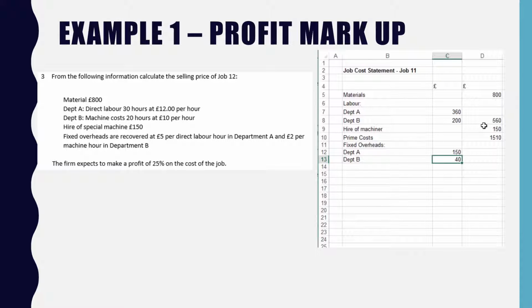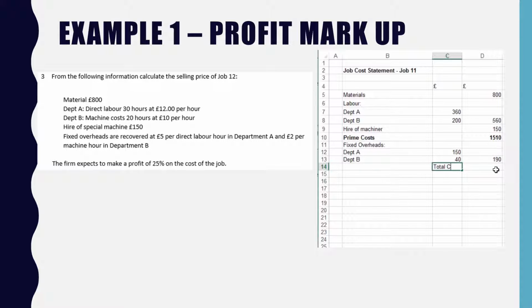I'm going to add those two up to give me my total fixed overheads, which is 190.